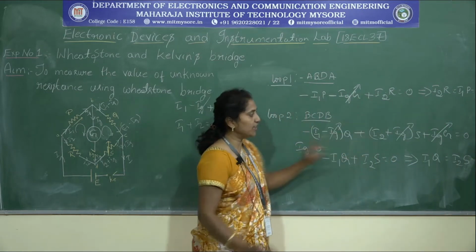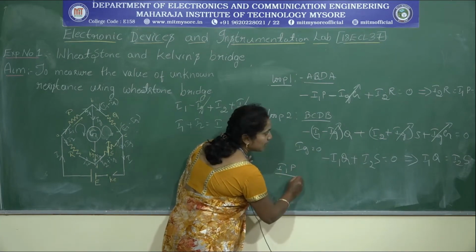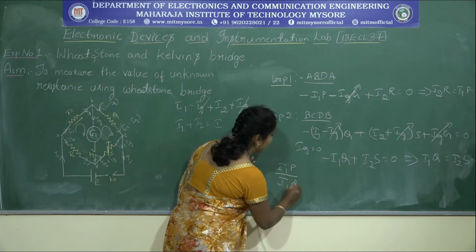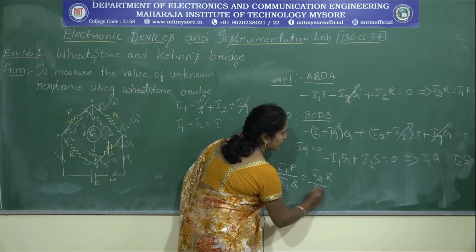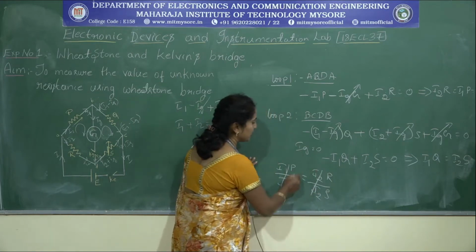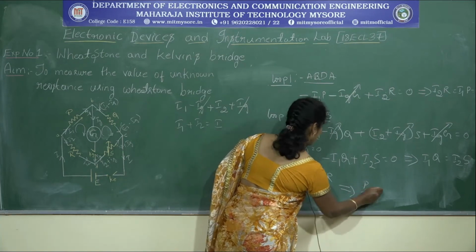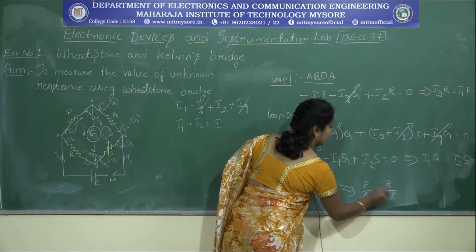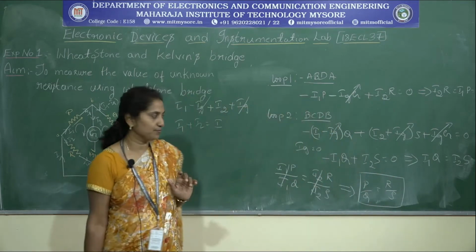Dividing equation 1 by 2, we have I1P divided by I1Q is equal to I2R divided by I2S. I1 cancels, I2 cancels, the remaining is P divided by Q is equal to R divided by S. This is the equation of the Wheatstone bridge.